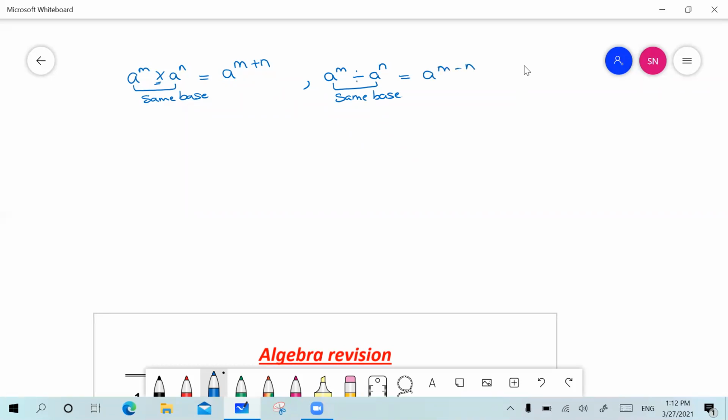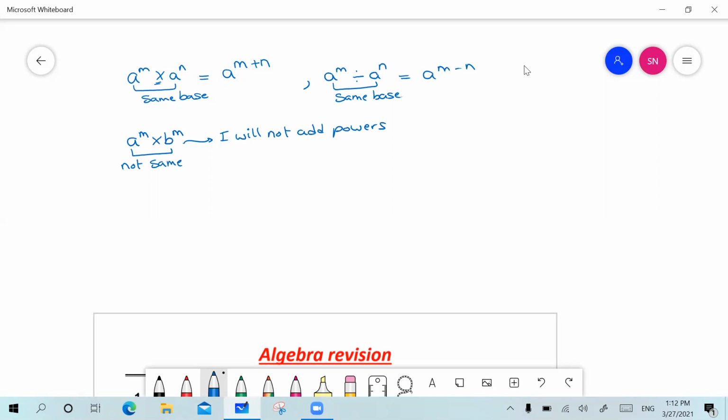But please take care, for example, if I have a to the power of m times b to the power of m, here I have unlike bases. They are not the same. Since they are not the same bases, this means I will not add powers. Okay?